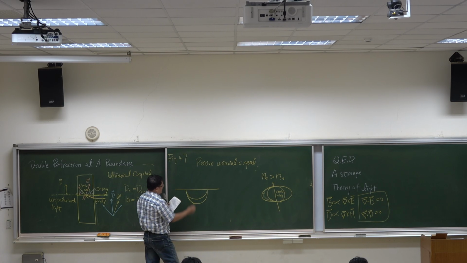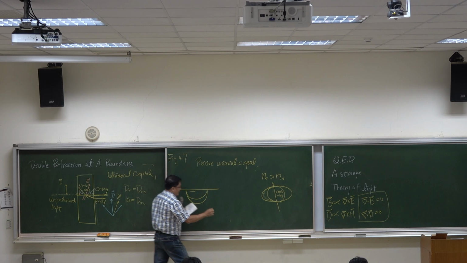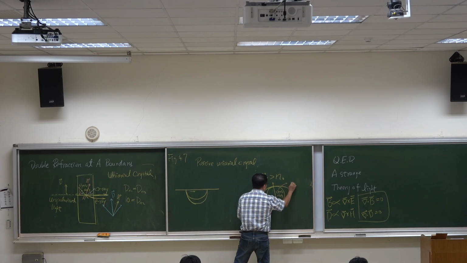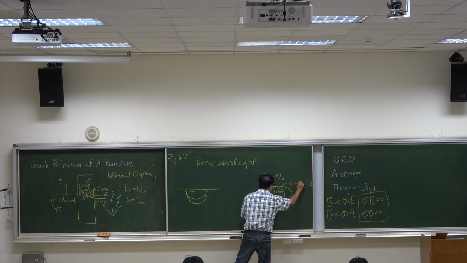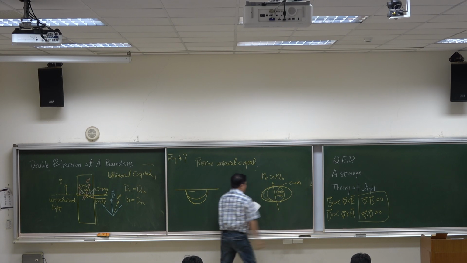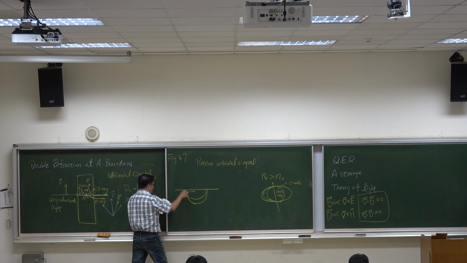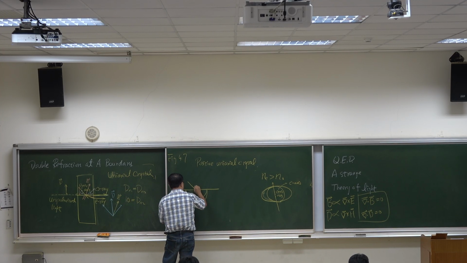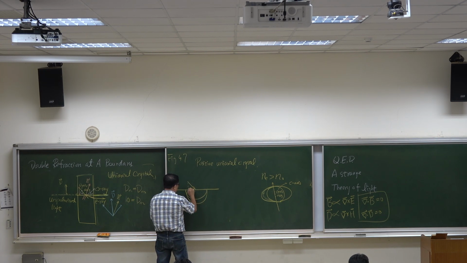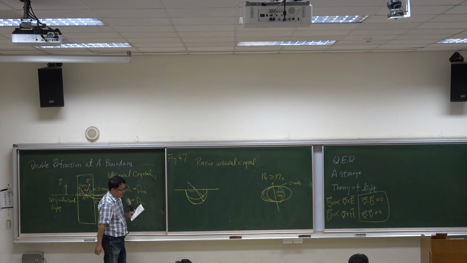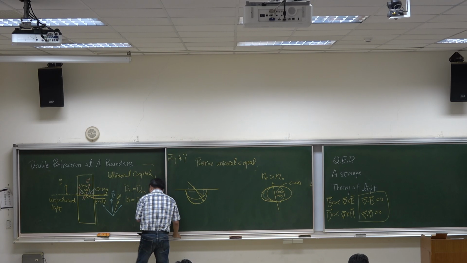First, we consider the situation that the optic axis, usually we call it C-axis, C-axis is just the optic axis. So if C-axis is along this line, then for this case we get two refractive beams.